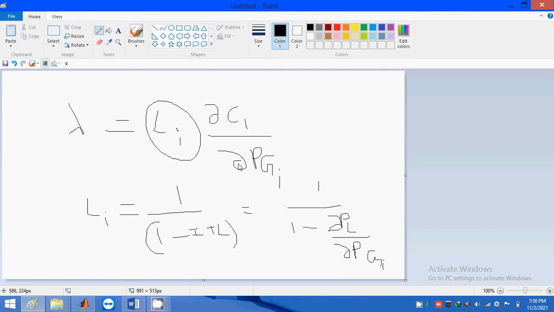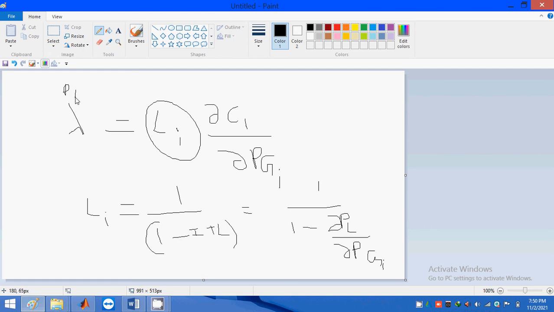The penalty factor is 1 divided by 1 minus the incremental transmission line losses, and the incremental transmission line loss is dou PL by dou Pgi. You already know the formula for the PL.